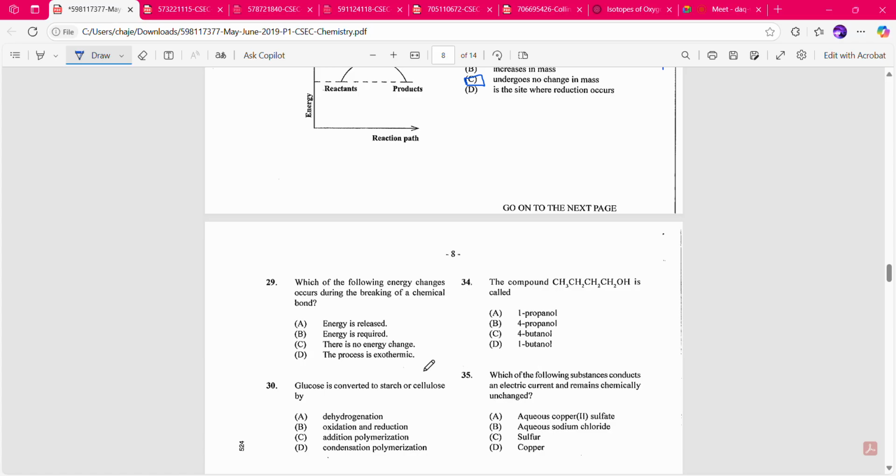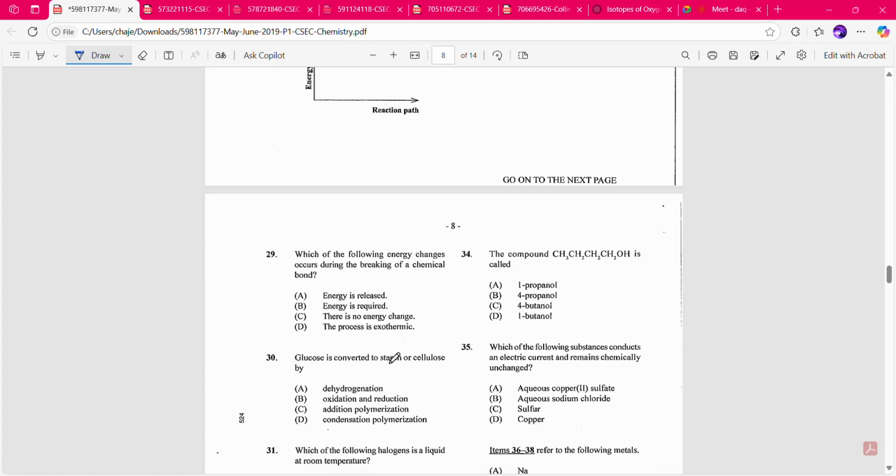29. Which of the following energy changes occurs during the breaking of a chemical bond? A. Energy is released when you break a chemical bond. Are you sure?